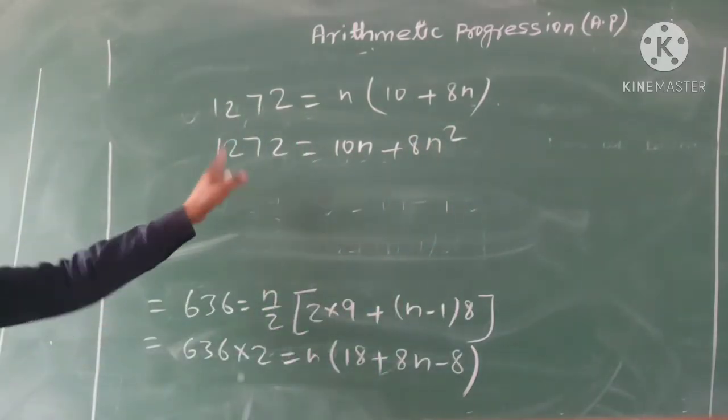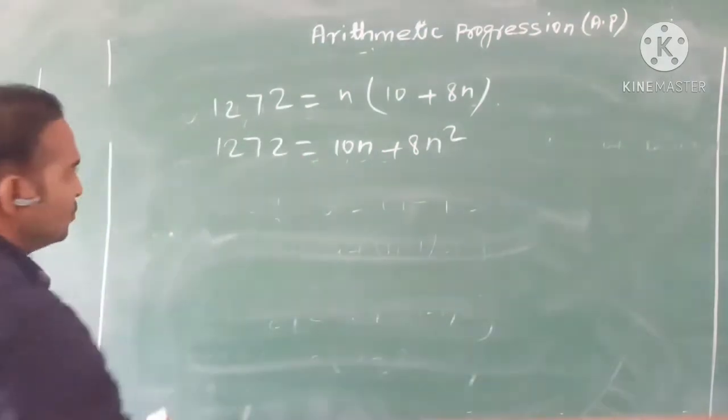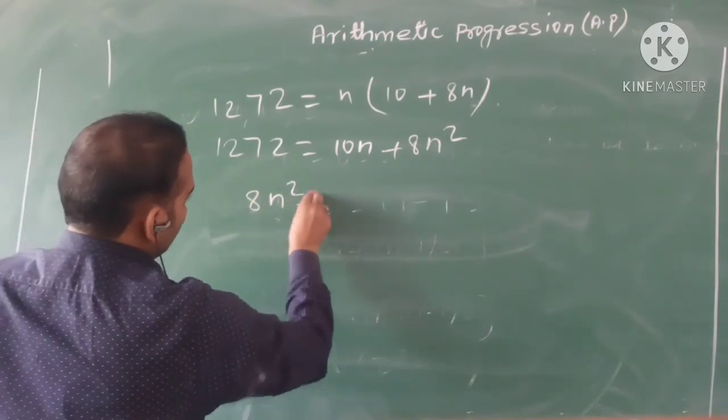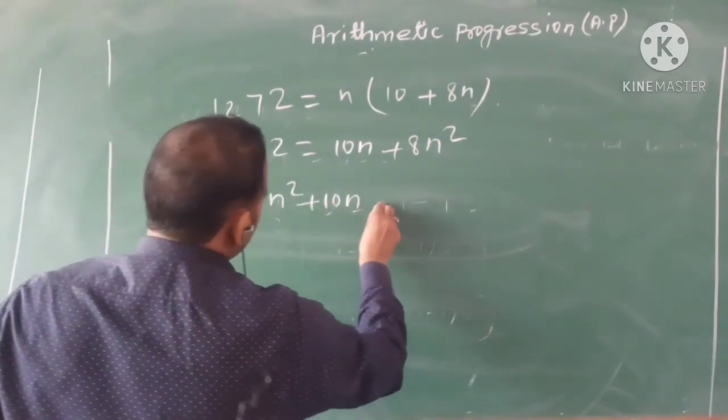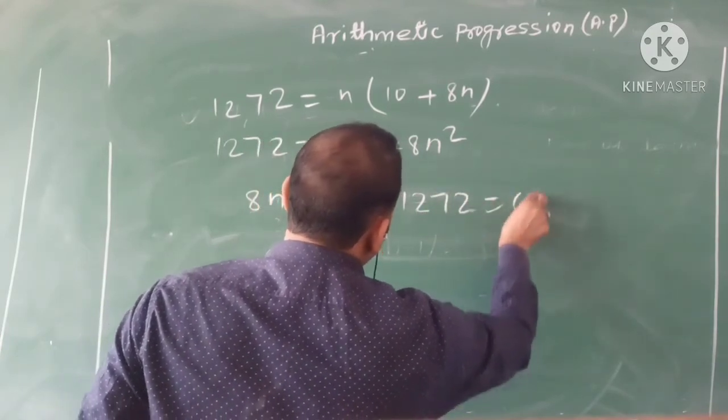Now this is an equation: 8n square plus 10n minus 1272 is equal to 0.